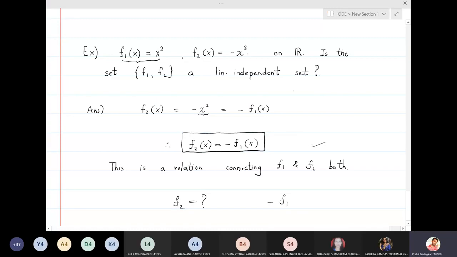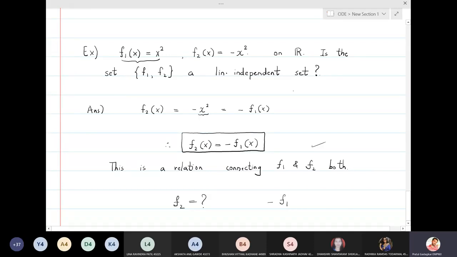I'll repeat: what is this relation trying to tell us? This relation is trying to tell me that f2 should be negative of f1, which means f2 is depending on f1.